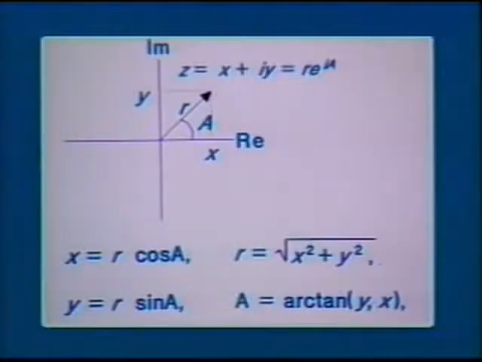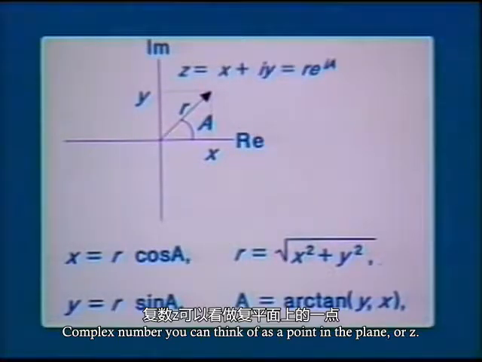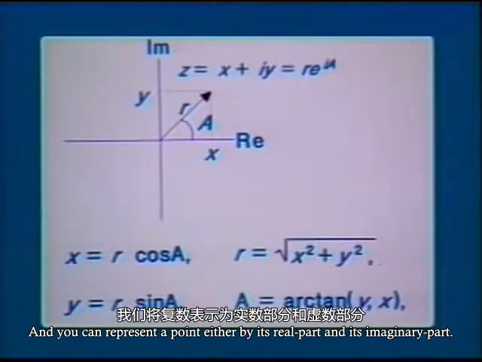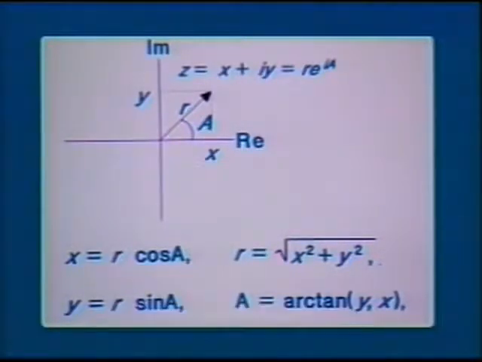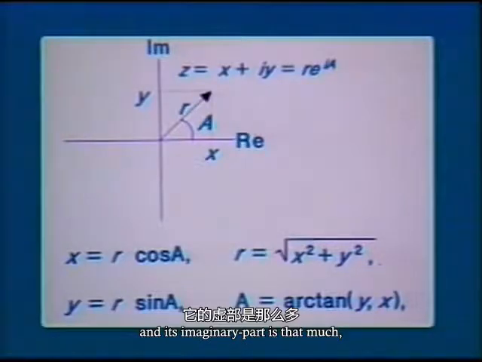Just as a little review, there are things called complex numbers. A complex number you can think of as a point in the plane, z, and you can represent a point either by its real part and its imaginary part. So if this is z, then its real part is this much, and its imaginary part is that much.